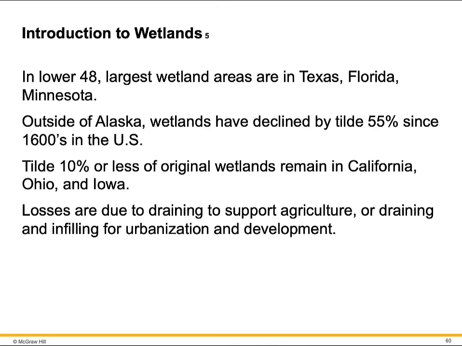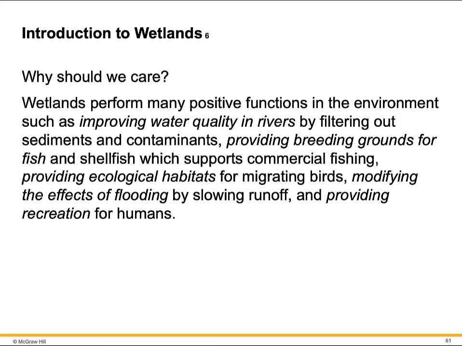About 10% or less of the original wetlands remain in California, Ohio, and Iowa. The losses are due to draining to support agriculture or draining and infilling for urbanization and development. Why should we care? Really, why should we?